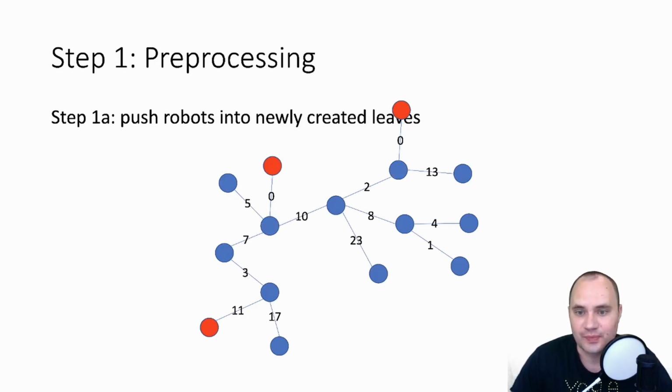Clearly, the exploration, if it existed in the original tree, also exists here, and one can efficiently convert back and forth. And it will hold true for all the sub-steps that I discuss next.